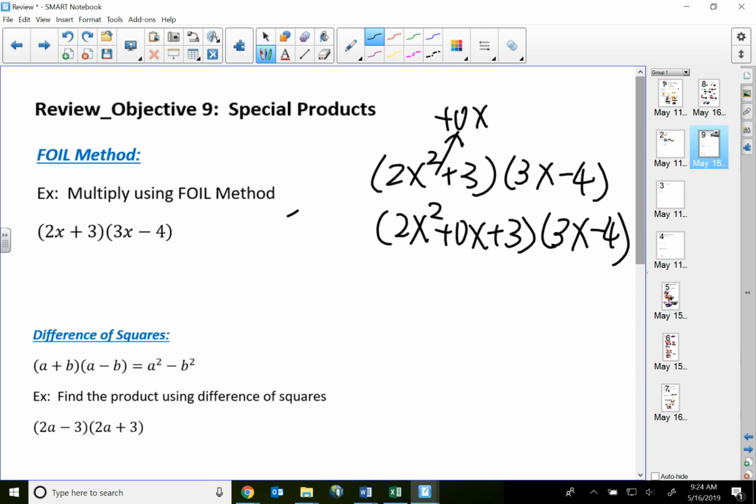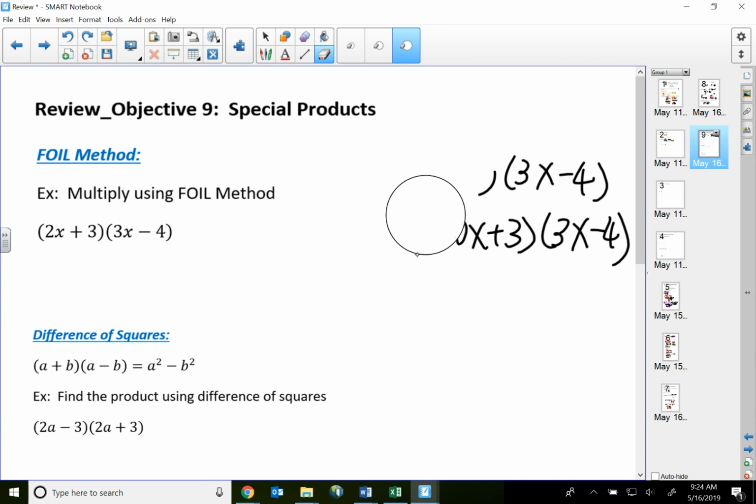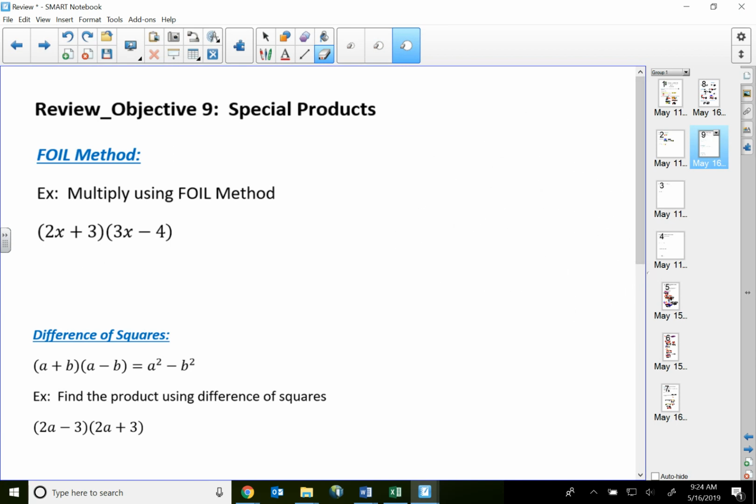So the FOIL method is really designed for the two terms inside the parentheses being kind of like terms per se. When you see a problem where I got the same kind of term at the front and the same kind of term on the back, I can always use the FOIL method.